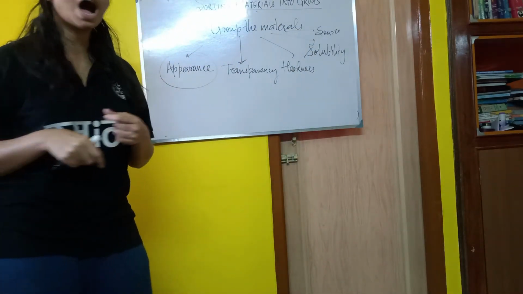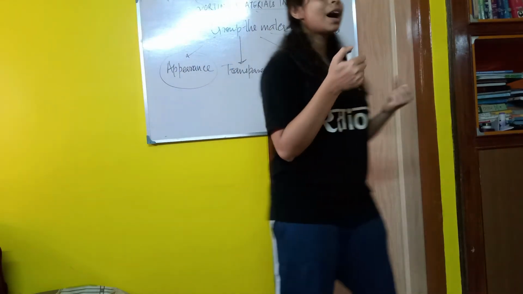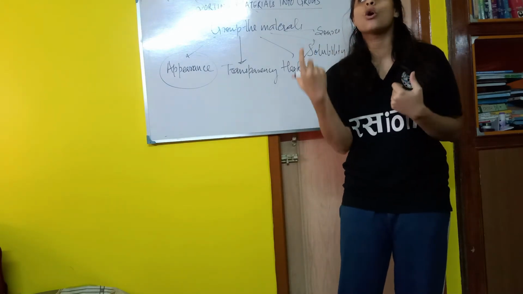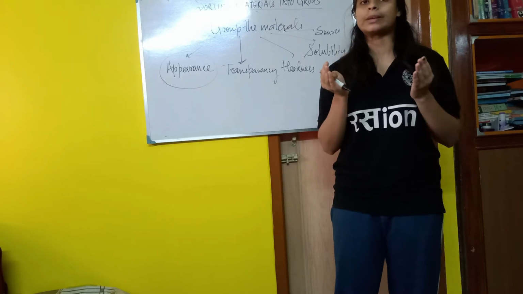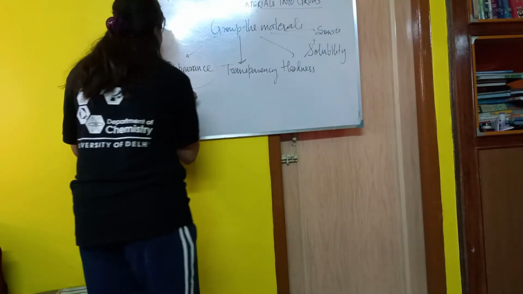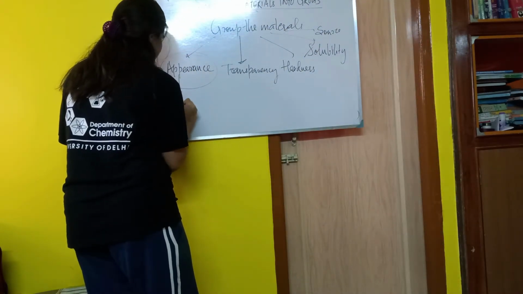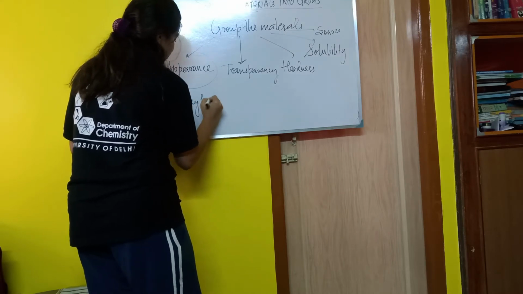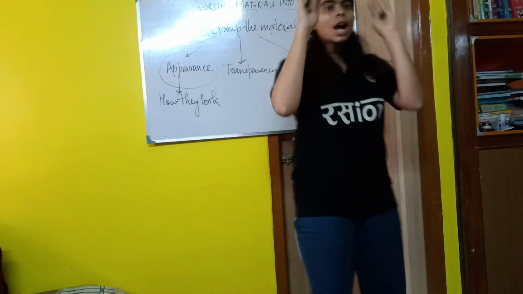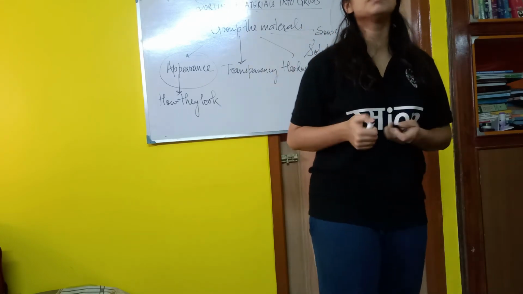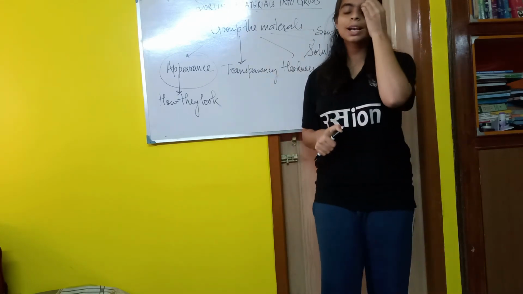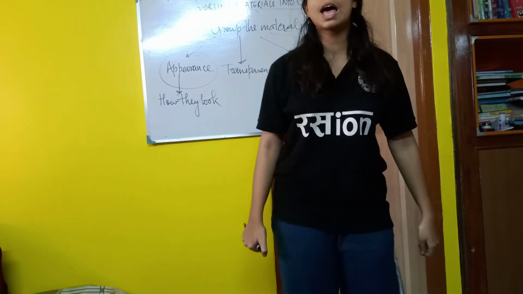Appearance means what? How they look, how they appear when you observe from the outer body. By observing the outside, we can group the material. Suppose in your class, one new student has come.